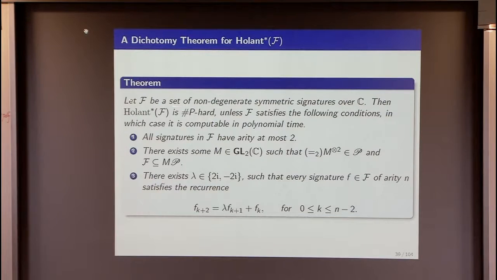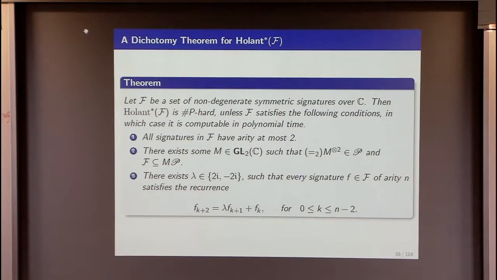So in the conservative star liberal world, Holant star of a set of constraint functions is either polynomial time computable or sharp-P hard. And it is polynomial time if and only if it is of this following type. It's arity at most 2, which then you can do what's called a trace by matrix product.